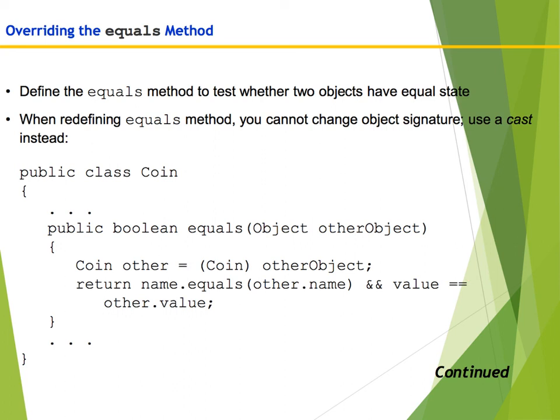The two equals signs here are an operator that works on integer, float or double variables. So it basically checks whether the values of two coins are equal or not. This should be true, and we should have the same name for the coins, which means that you have to call the equals method of the String class, which checks whether the two names are equal or not, the name of the current object and the name of the other object.